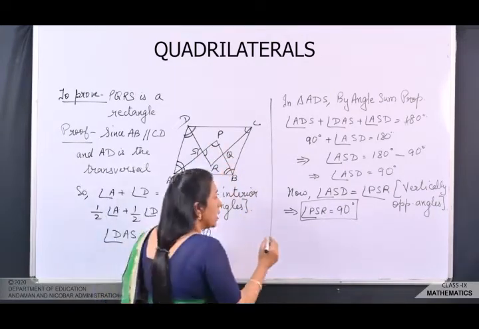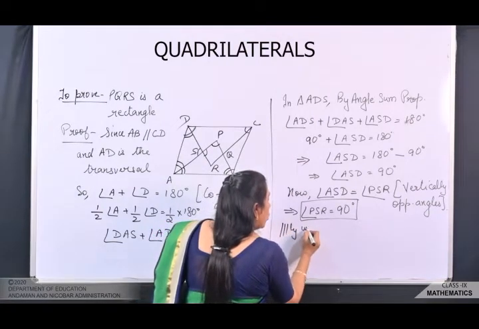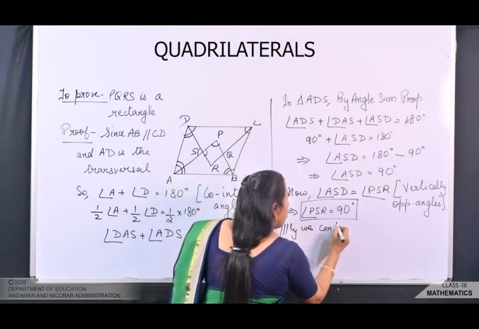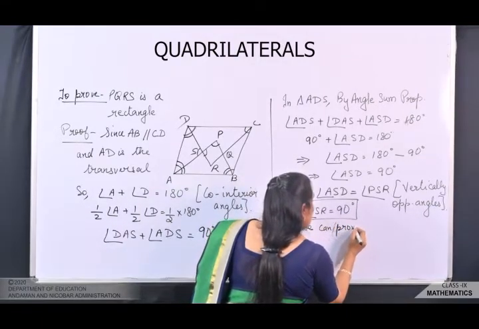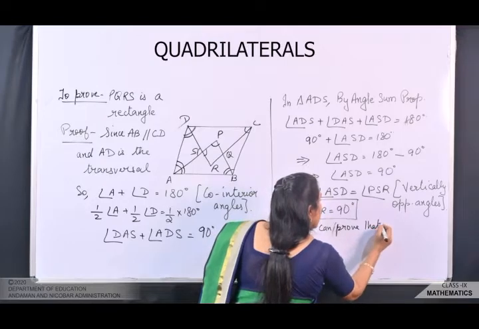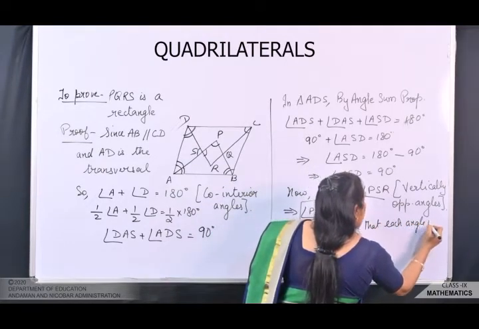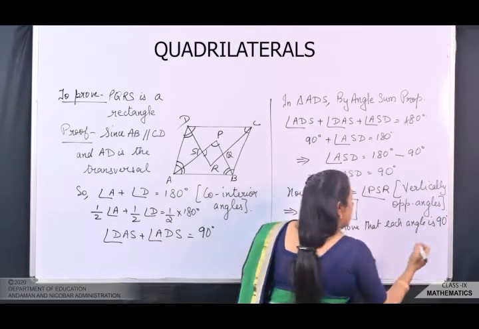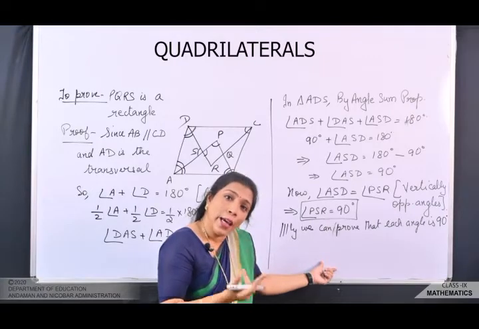So what can we write here? Similarly, we can prove that each angle is 90 degree. हर एंगल अगर 90 डिग्री है तो ऑपोजिट एंगल्स आर इक्वल, isn't it?